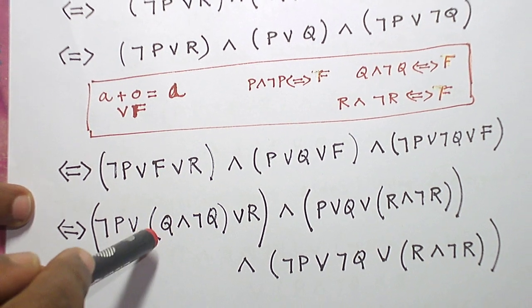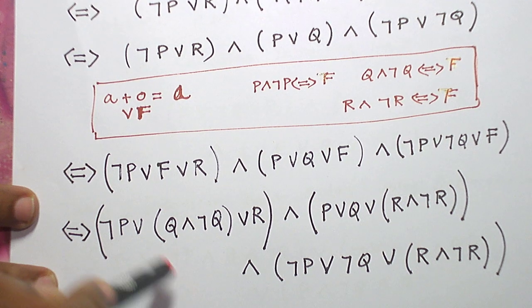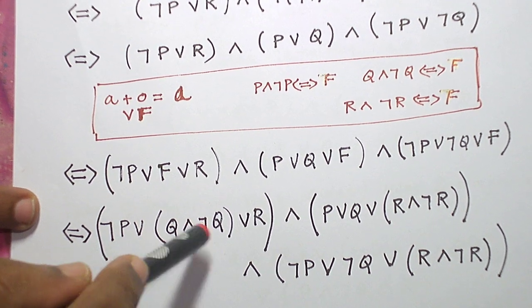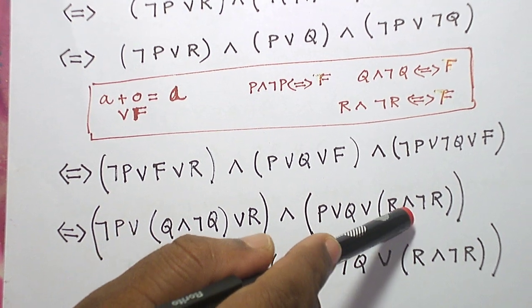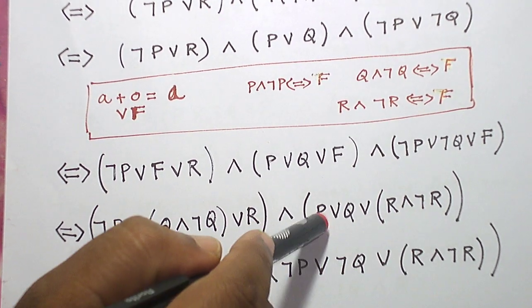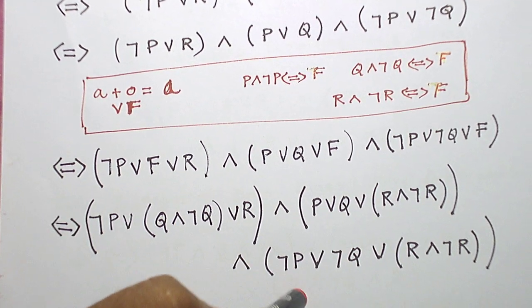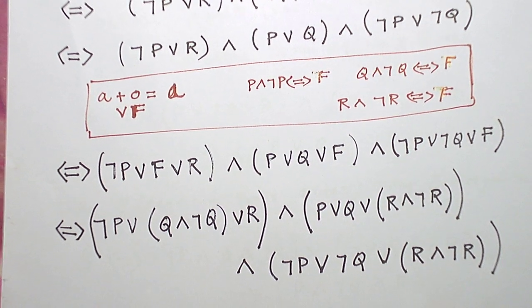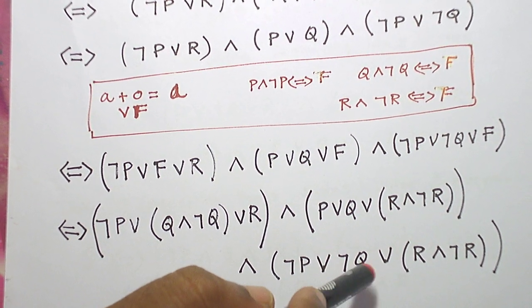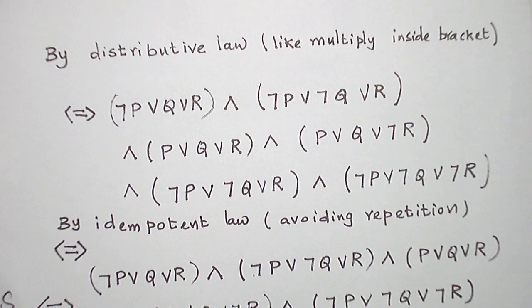So negation P or Q or R, and negation P or negation Q or R. Similarly, P or Q or R, and P or Q or negation R. And similarly negation P or negation Q or R, and negation P or negation Q or negation R. This is the expansion using the distributive law.